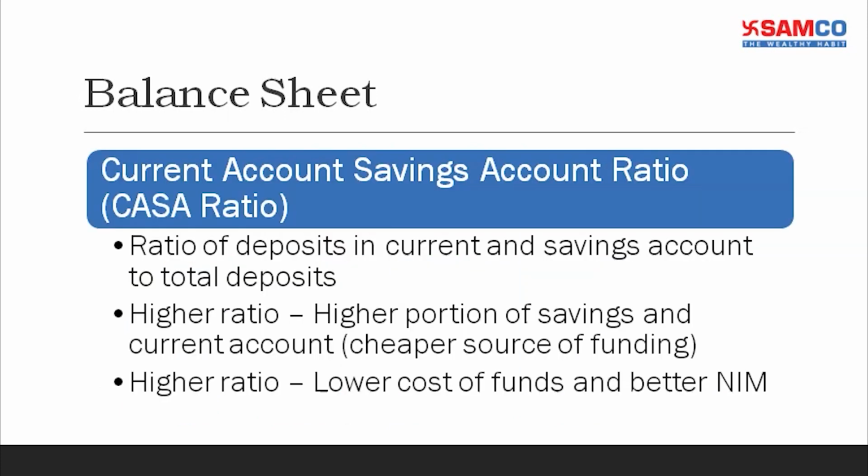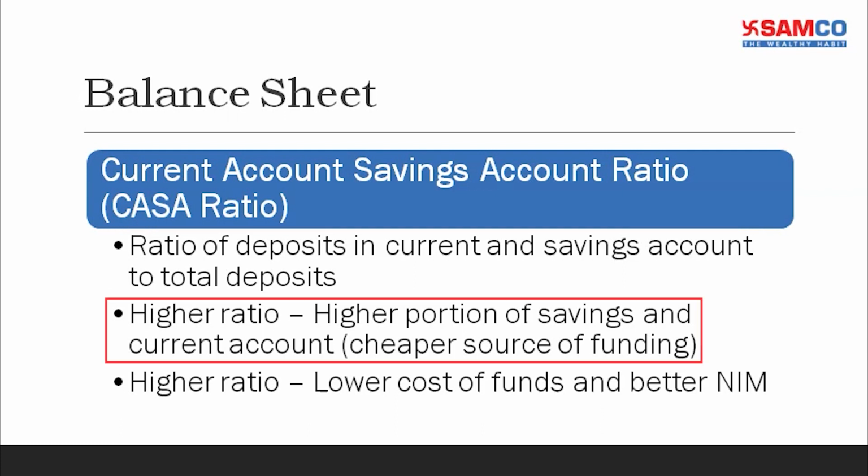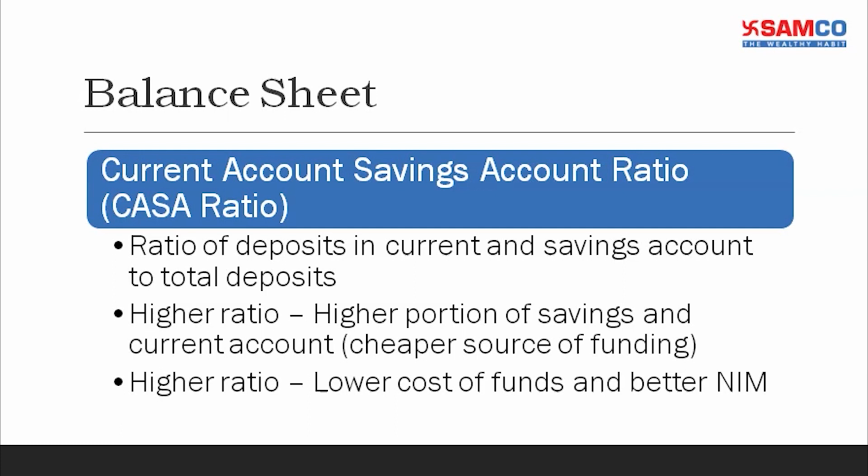Coming on to current account and savings account ratio, which is also known as CASA ratio. This is a ratio of deposits in the current and savings accounts to total deposits. A higher CASA ratio means a higher portion of deposits of a bank has come from current and savings deposits, which is generally a cheaper source of funding as banks provide low interest rates on savings accounts, which is generally between 2 to 3%, and no interest on current account deposits.